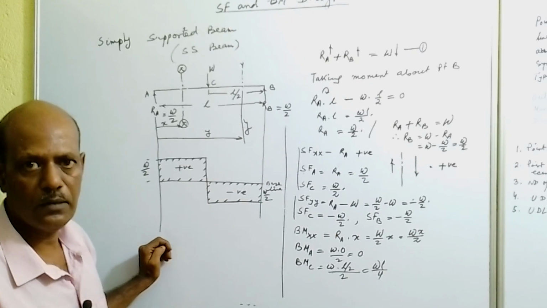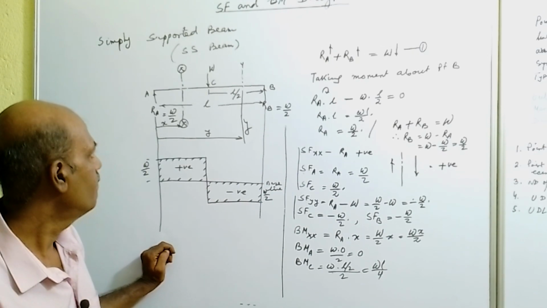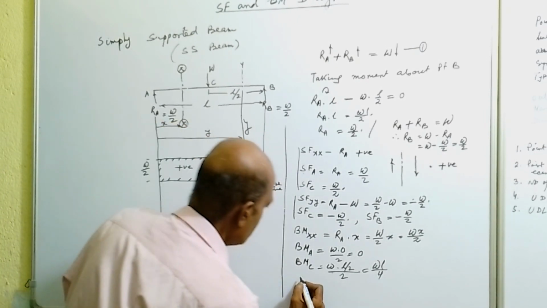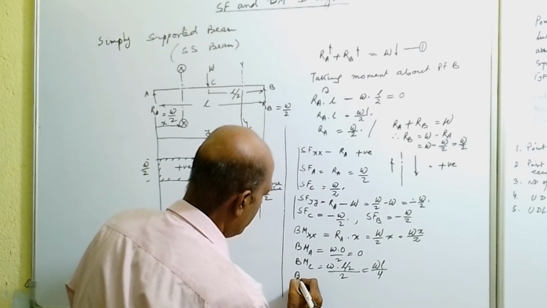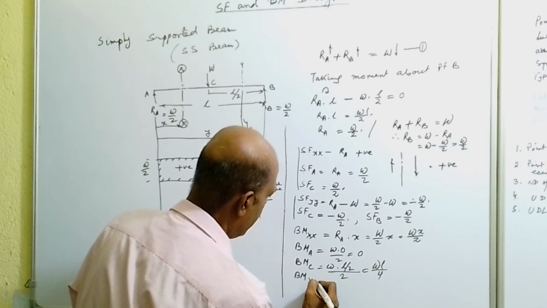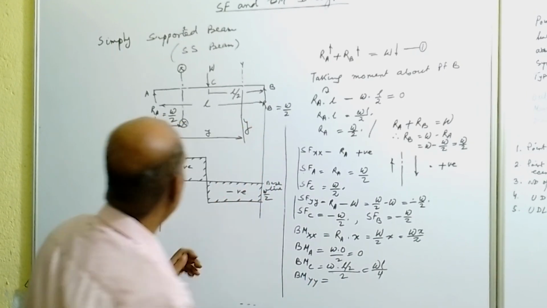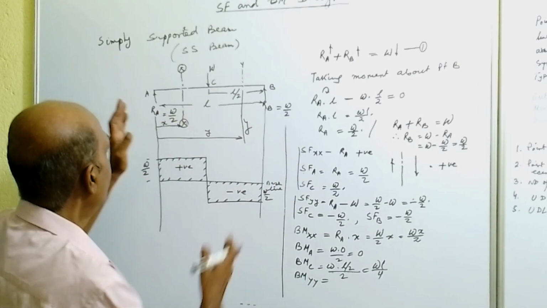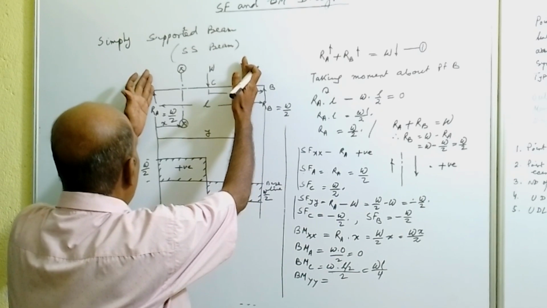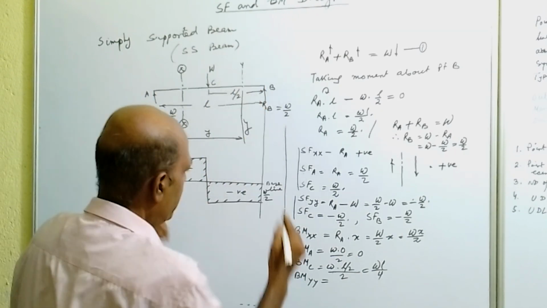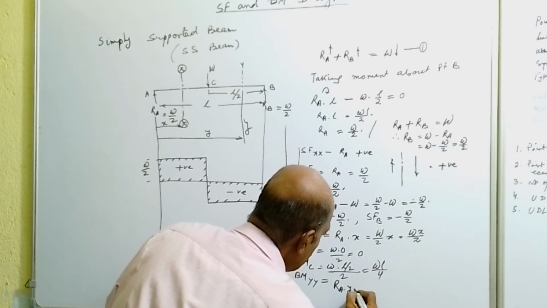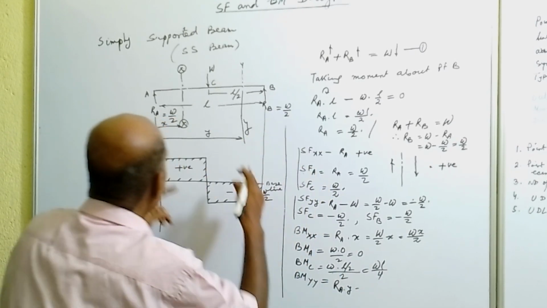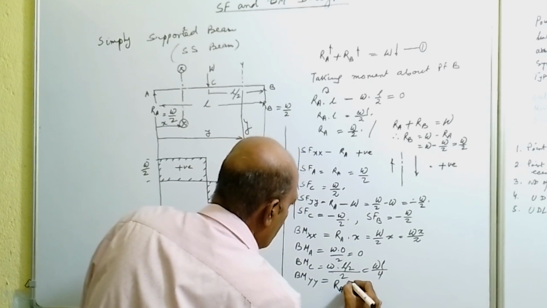Now we will calculate the bending moment equation at section YY. So bending moment at section YY is given by RA, which will give a moment, that is RA into Y, because the section is at a distance Y. So this will be your clockwise moment.